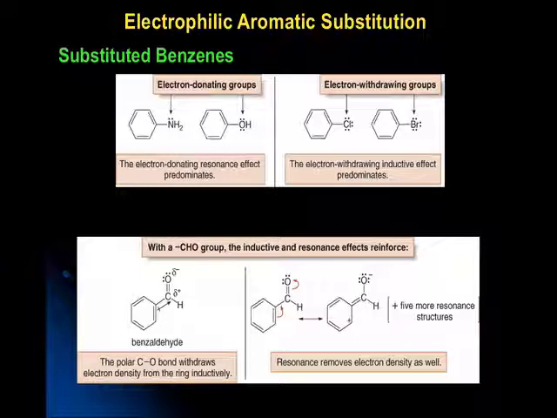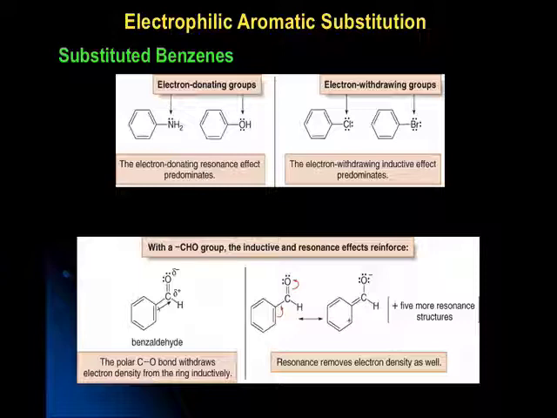So if we look at atoms that are directly attached to the benzene ring, if they have lone pairs of electrons, they are going to activate the ring if it's a nitrogen or an oxygen. If it is a chlorine or a bromine, or just a halogen, yeah, we have the electrons that can be donated into the ring, but it turns out that halogens are so electron withdrawing, they don't like to donate their electrons too well.